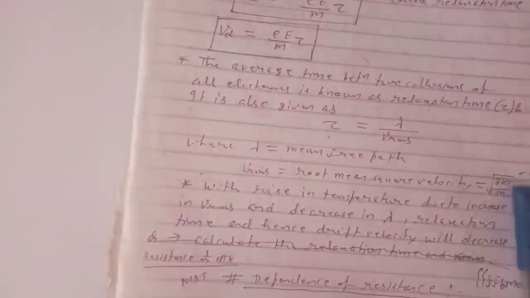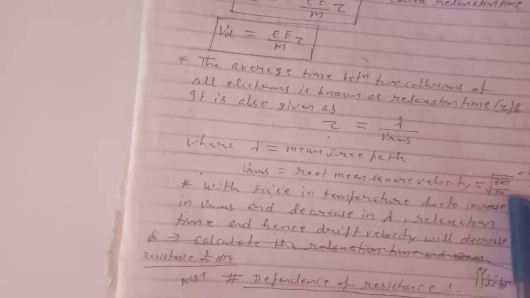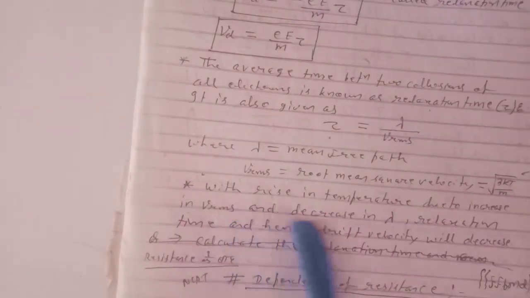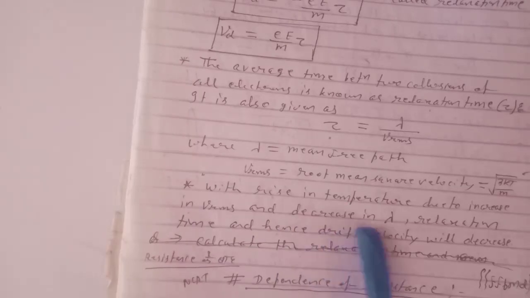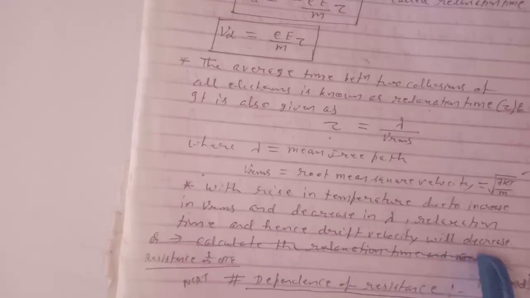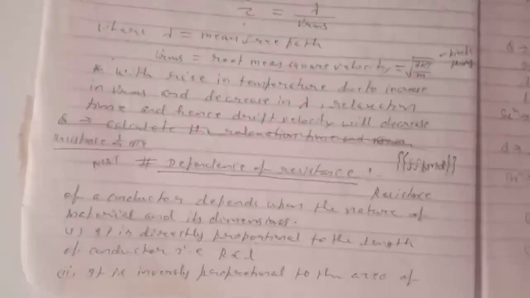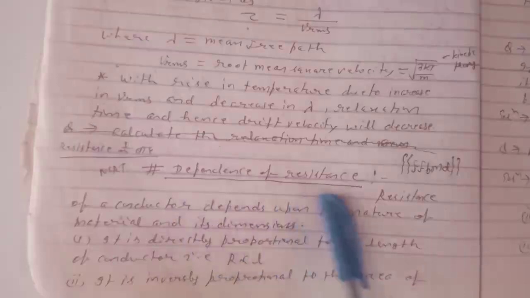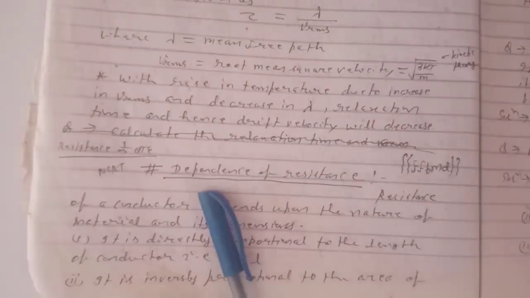Here, Vrms is directly proportional to the square root of T. With a rise in temperature, due to the increase in Vrms and decrease in lambda, relaxation time and hence drift velocity will decrease. Next, dependence of resistance.